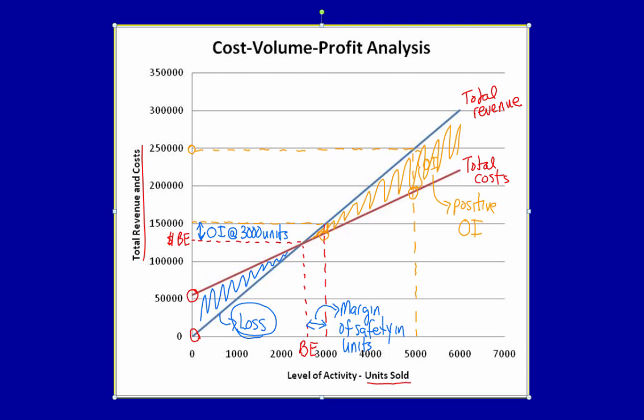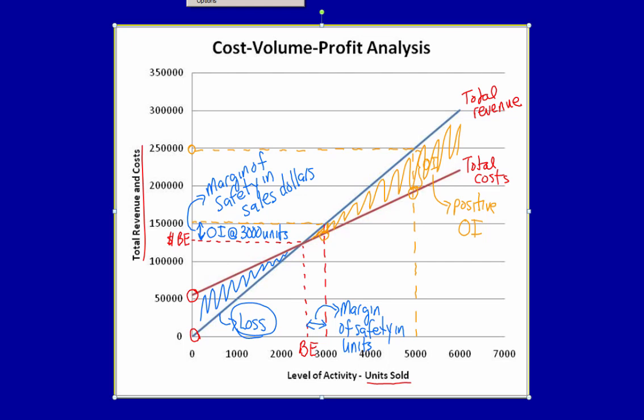On the y-axis, it shows the margin of safety in sales dollars, which is the space between the break-even sales dollars and the sales dollars at 3,000 units. Remember that the margin of safety is how far actual or budgeted sales are over the break-even point. It shows how far sales volume can decrease before losses occur.